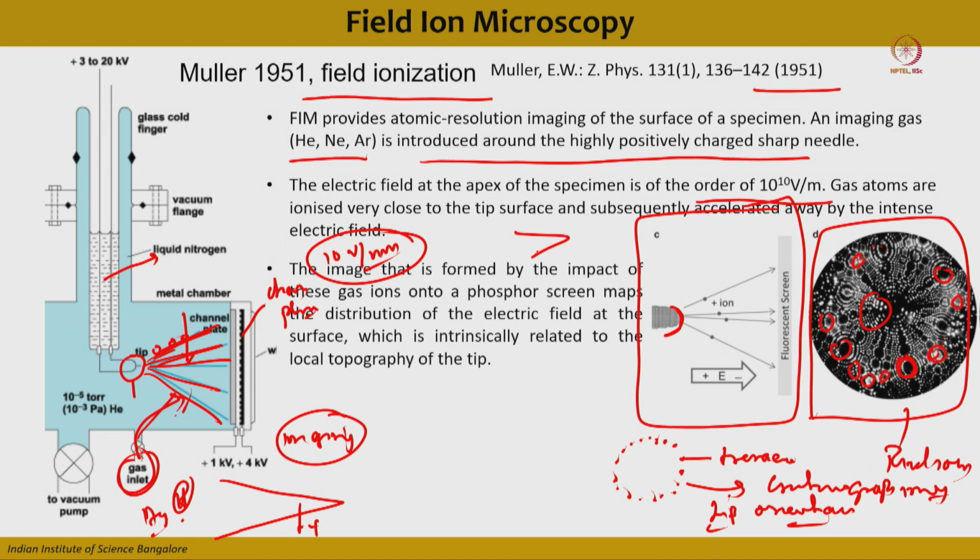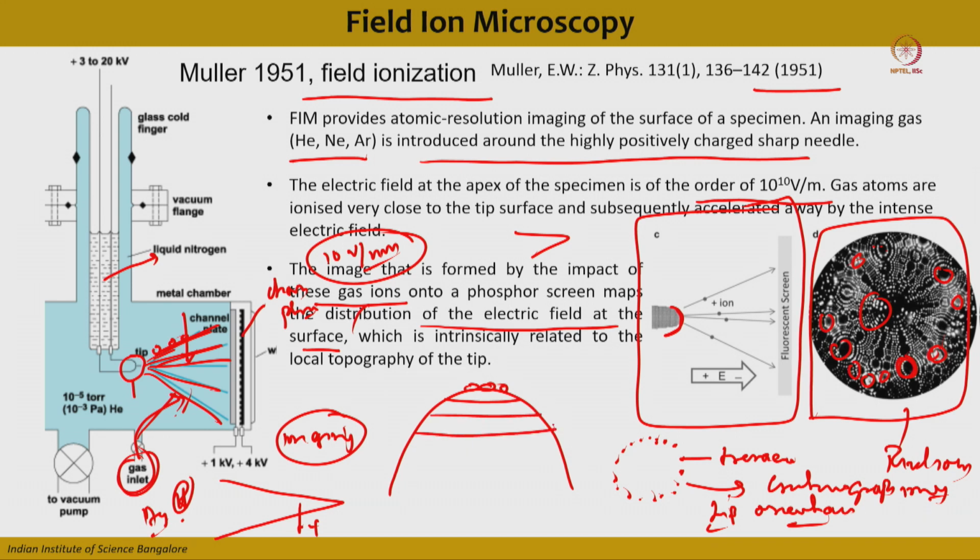Fine. Then the image that is formed is by the impact of the imaging gas ions on the phosphor screen, and it maps the distribution of electric field at the surface. You are actually imaging the distribution of electric field around the tip. As I told you, these are the terraces.